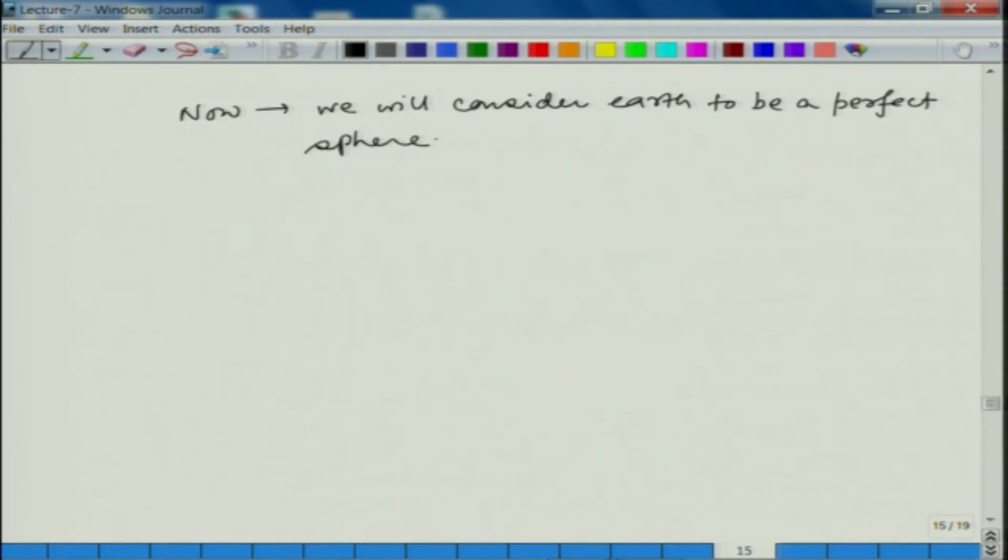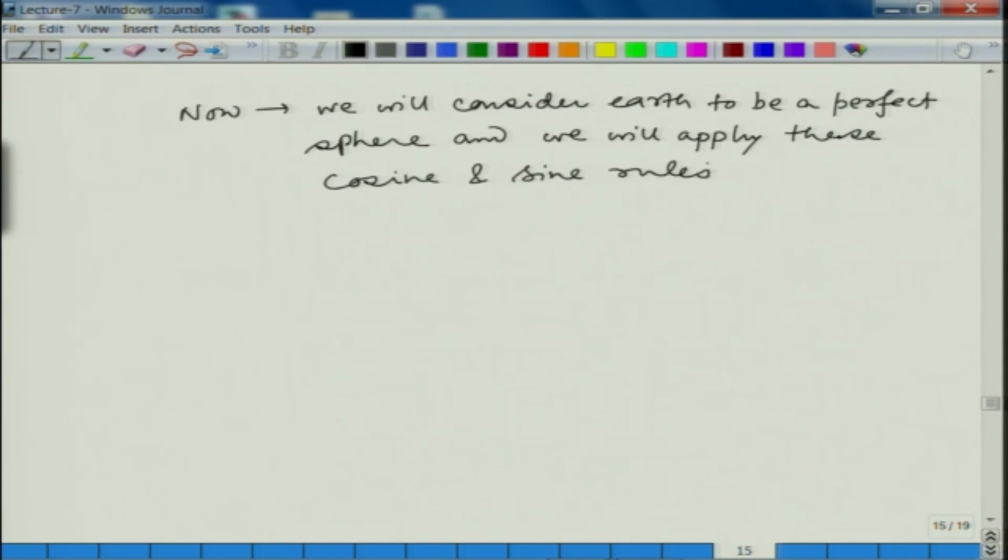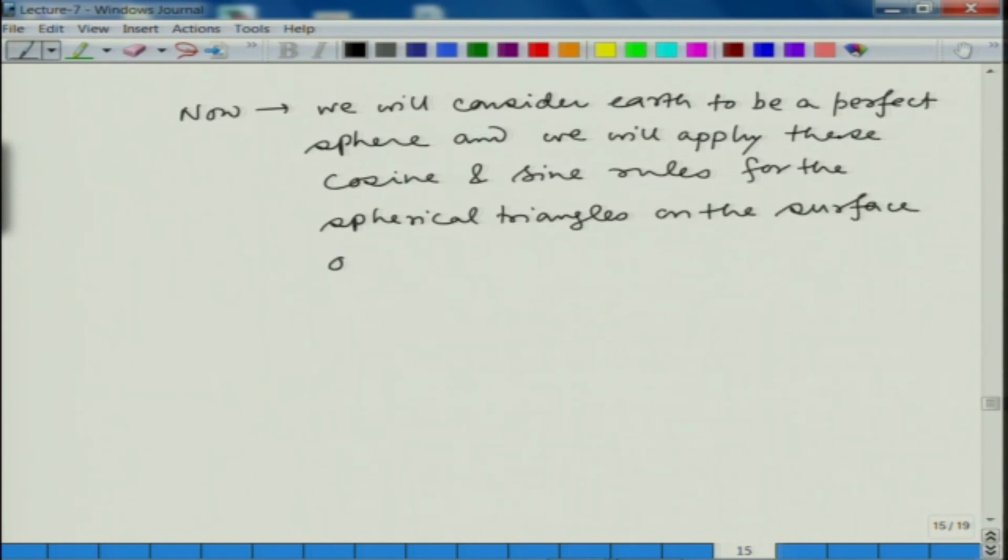So, we will consider earth to be a perfect sphere, and we will apply these cosine and sine rules for the triangles, or rather I should say spherical triangles on the surface of the earth. Okay.